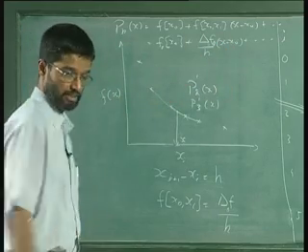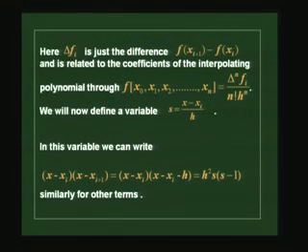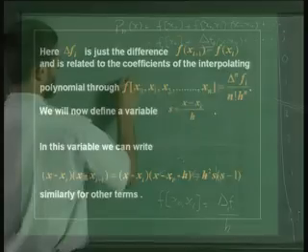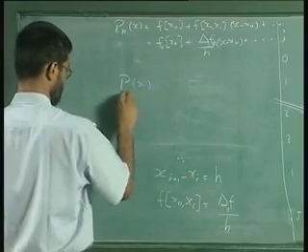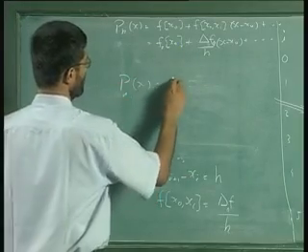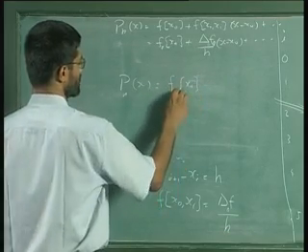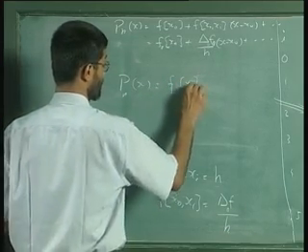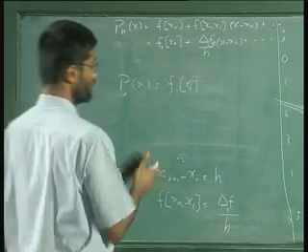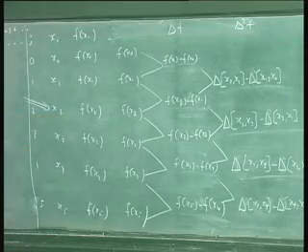But in general, if you enter at any point i, and we construct a polynomial from that, we will write the nth order polynomial as f at xi. That is the value at which I enter at some point, let's say x2 here, that is f x2.